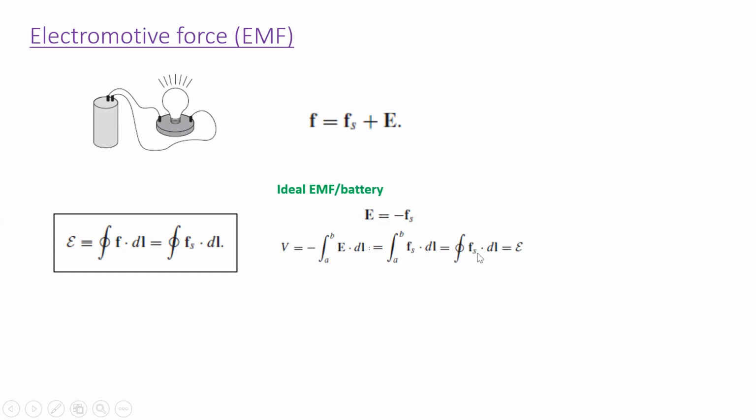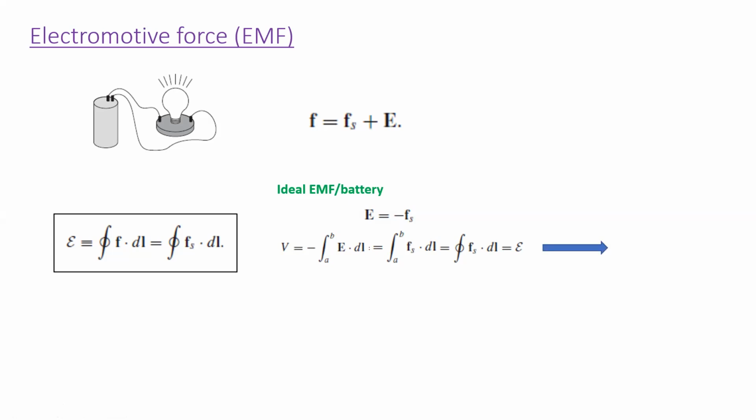Fs is 0 in the rest of the circuit. But this is what we just defined to be the EMF, or the electromotive force. Okay, so in an ideal battery with no resistance, the voltage difference between the terminals is equal to what we've defined as the EMF.